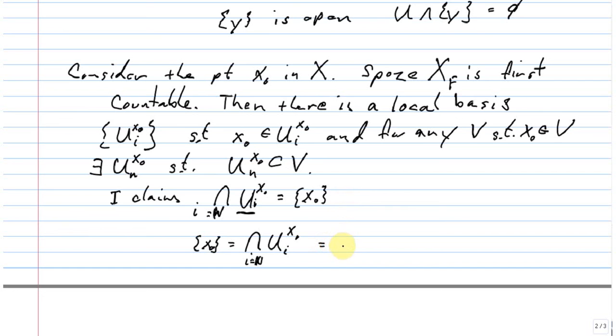And that should be the intersection over a countable number of sets that are of this form, X minus, and I'll write this in not the best notation but evocative way, a finite number of elements.